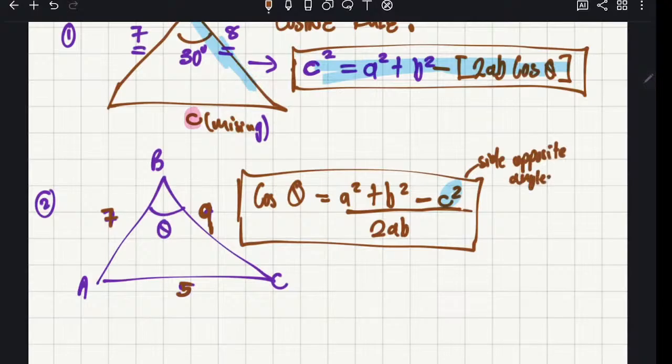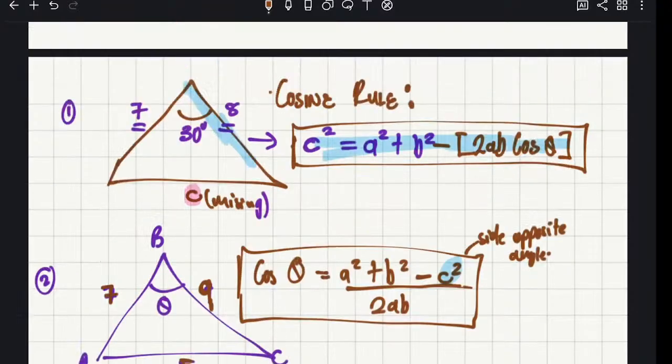I'll show you where you will be given it in the exam. It will be given to you, but I want you to write them down. Remember, this is an included angle, so we use the cosine rule. Here, this is all 3 sides, so we use the cosine rule.